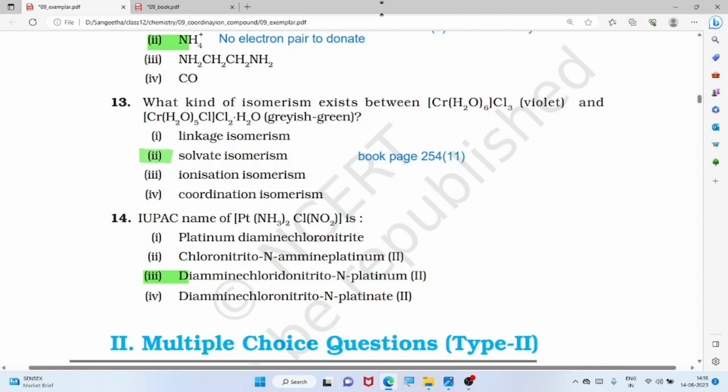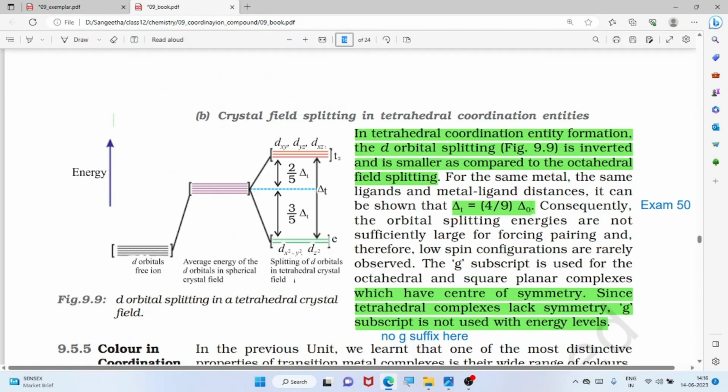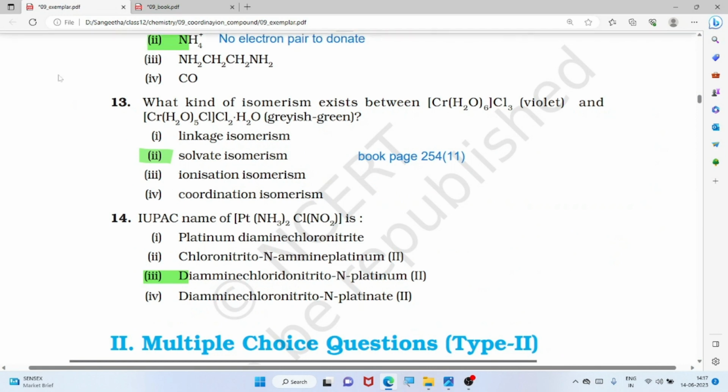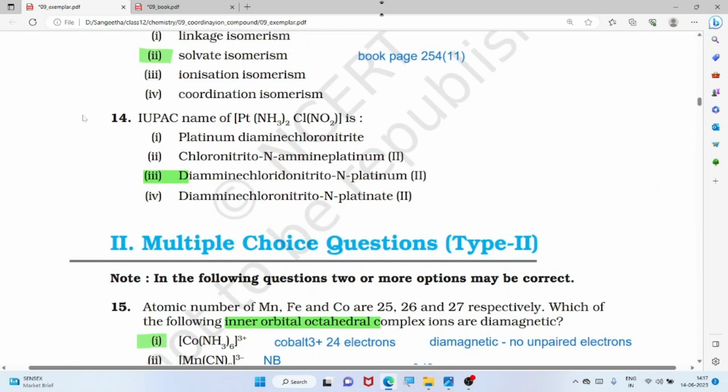Solvate isomerism. Here they are given. The IUPAC name of these compounds, this is the IUPAC name, you can go through that IUPAC rule.